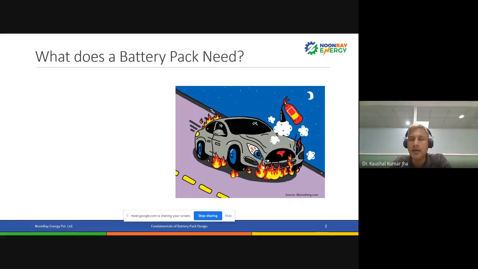However, in hybrid and electric, there is no petrol or diesel, but there is another fire source known as the battery. If it is mishandled, in a situation like a crash, or you are not taking care of proper design, this battery would blast like a bomb.